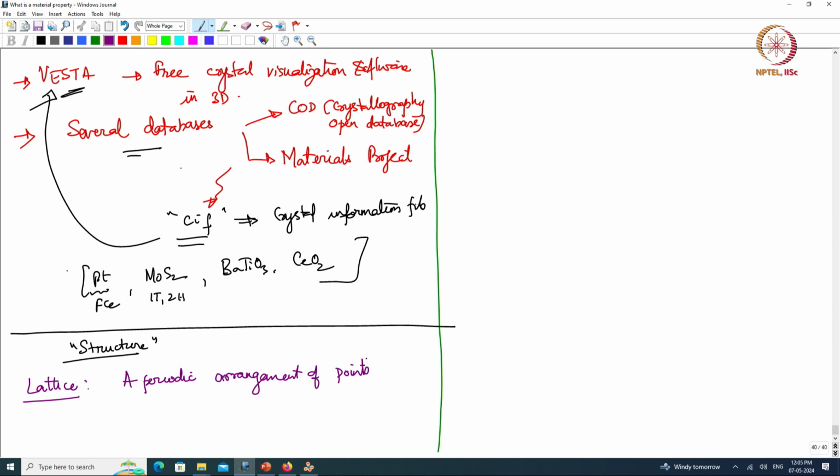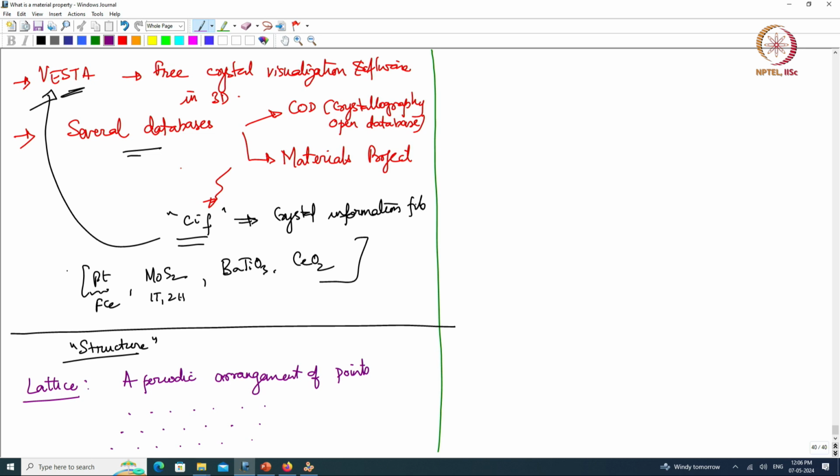For example, I can just draw a lattice. I have certain points which are periodically arranged, in this case in 2 dimensions. The group of all these points is called a lattice.